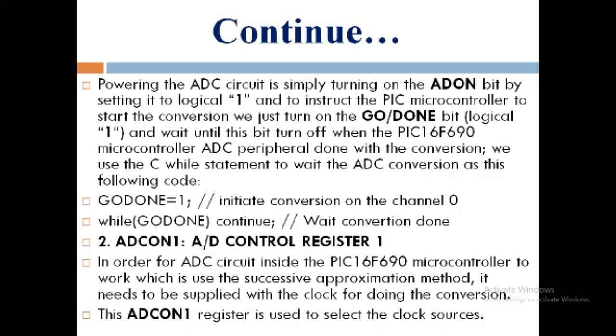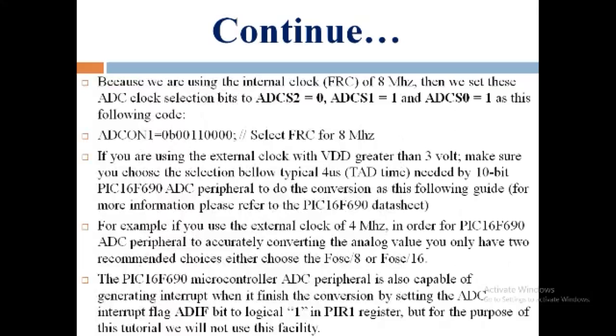The second one is ADCON1, that is AD control register 1. In order for the ADC circuit inside the PIC 16F690 microcontroller, which uses the successive approximation method, to work, it needs to be supplied with a clock for doing the conversion. This ADCON1 register is used to select the clock source.